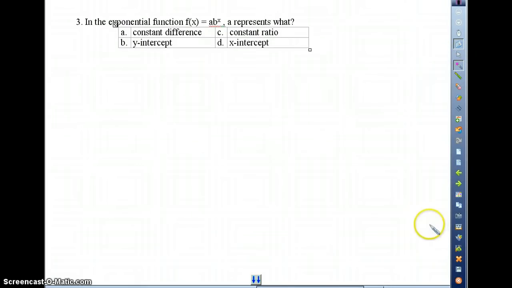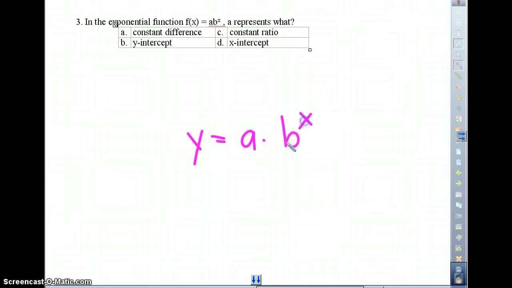Number 3, in the exponential function f of x equals a times b raised to the x, a represents what? Is it the common difference, the y-intercept, the constant ratio, or the x-intercept? In y equals a times b raised to the x, the a is the y-intercept.